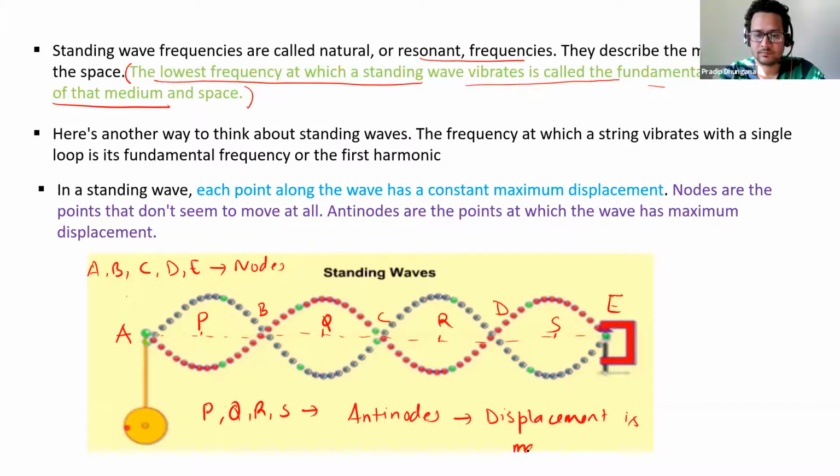Here the displacement is zero. I'll give you some time to take this note. Make sure to draw that diagram, write those points, and write the nodes and antinodes. At antinodes, displacement is maximum, and at nodes, displacement is minimum. I'll pause here for some time. If you have any question, please let me know.